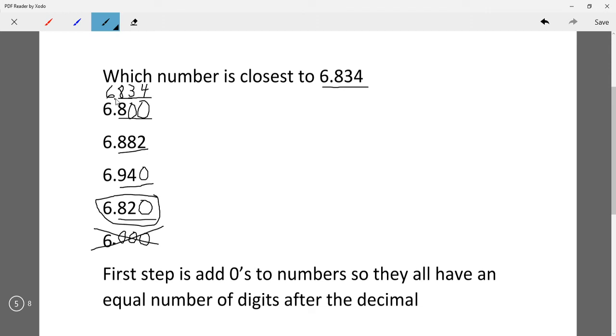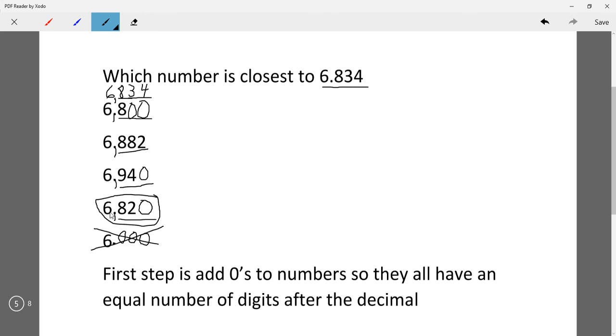So really, if this decimal in all of these was changed to a comma, and it just made it 6,834, then we would do it the exact same way, and we would still get the exact same answer, which is 6,820 is closest to 6,834.